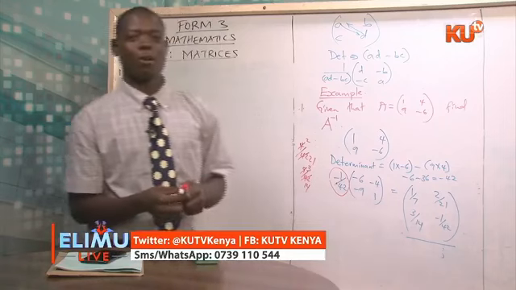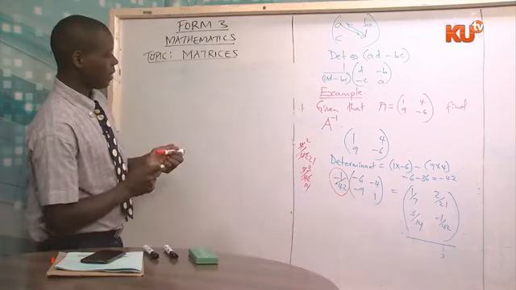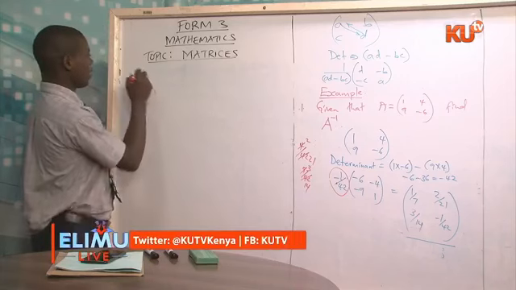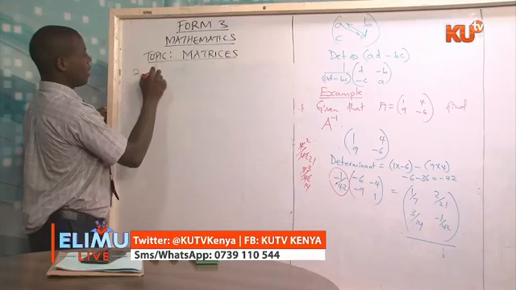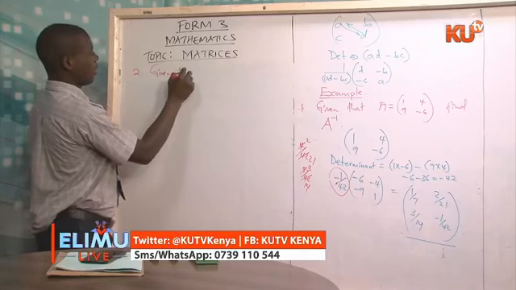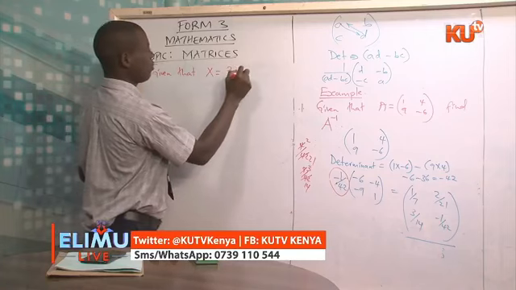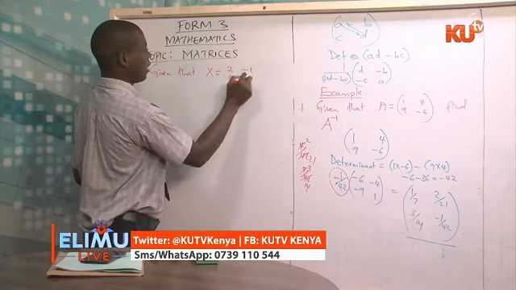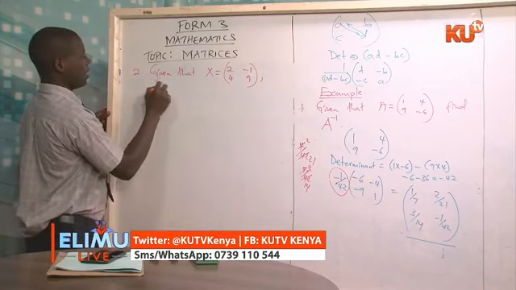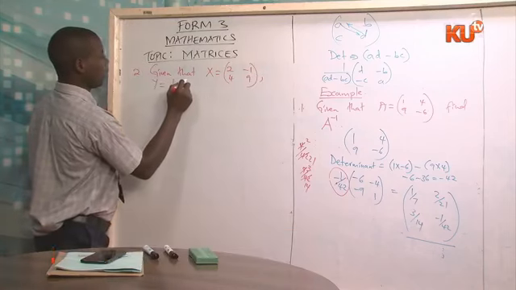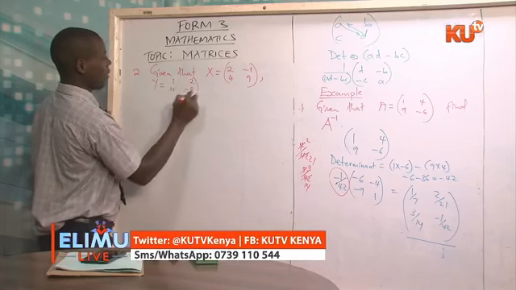And now, students, I want to bring in a broader question that encompasses various aspects that we've been able to look at. Given that X is the matrix 2, negative 1, 4, 9, Y is the matrix 1, 2, 10, negative 8.